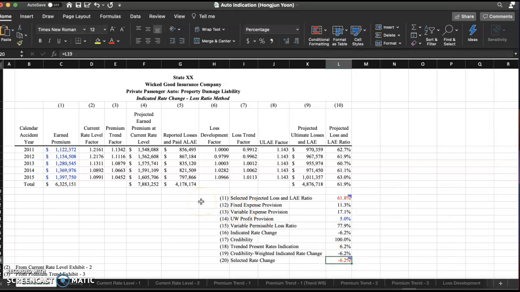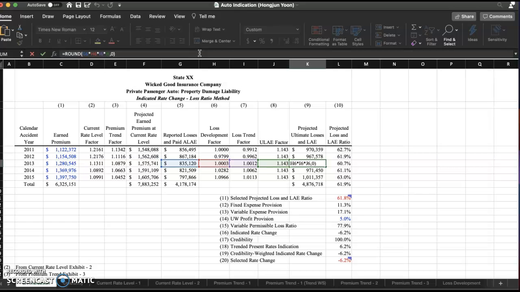Second, the numbers have been color-coded in the documents. Blue fonts represent inputs. Red fonts represent selections, and black font is used for numbers that are calculated or referenced from another exhibit.